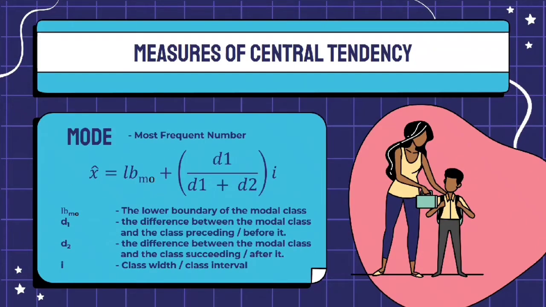In terms of ungrouped data, the mode is the number or numbers that occur most frequently in a set of values.